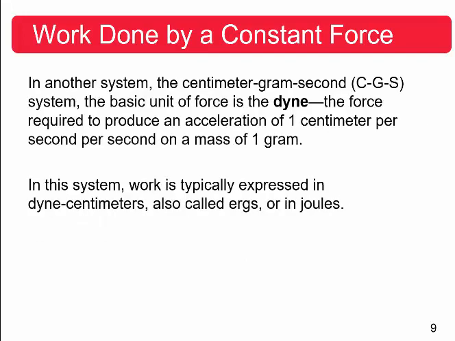In another system, the centimeter-gram-second or CGS system, the basic unit of force is a dyne. This is the force required to produce an acceleration of 1 centimeter per second squared on a mass of 1 gram. In this system, work is typically expressed in dyne-centimeters, also called ergs, or in joules, but we'll mostly do it in joules.